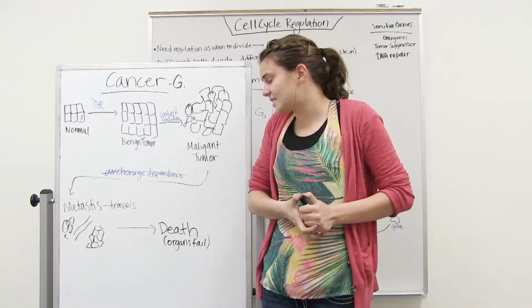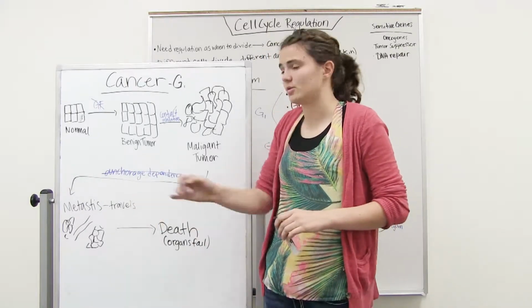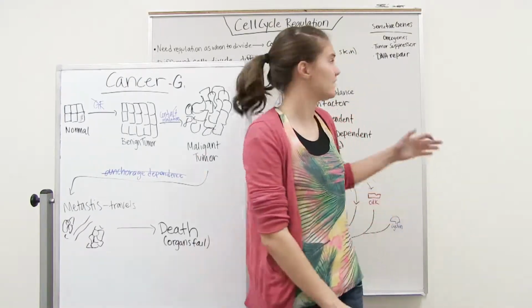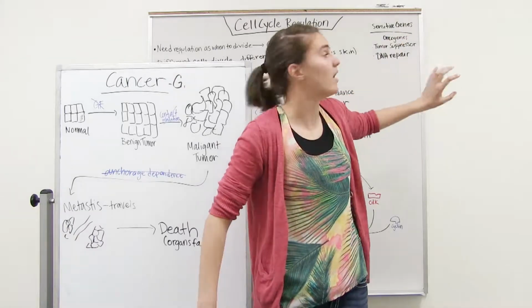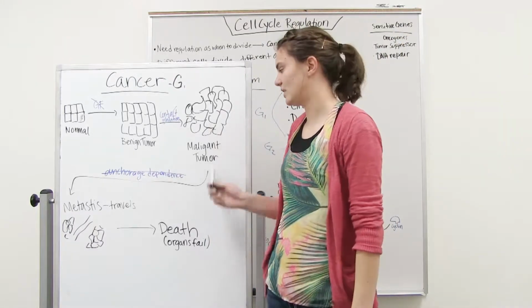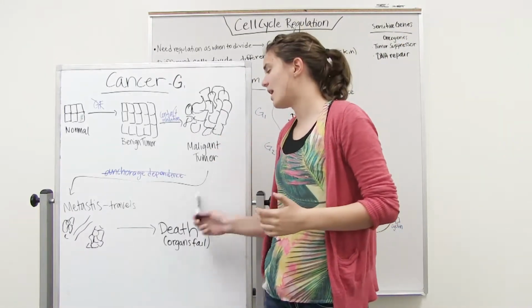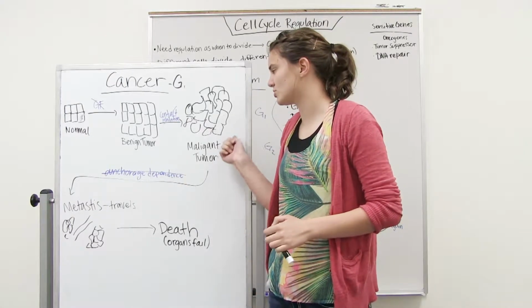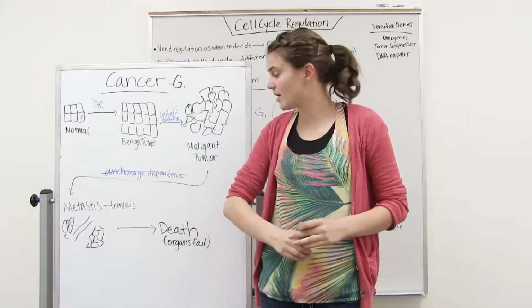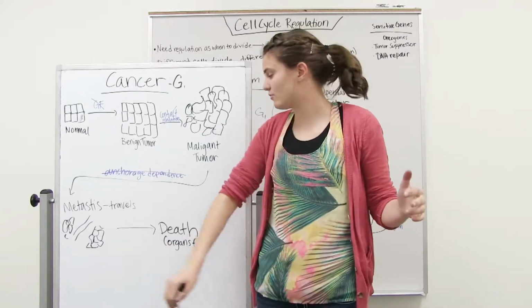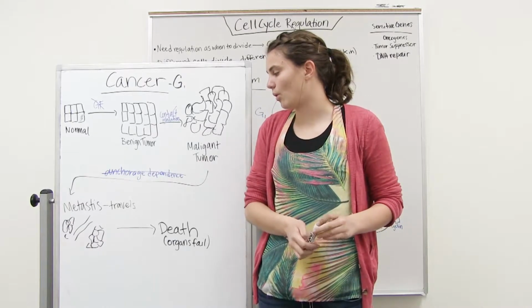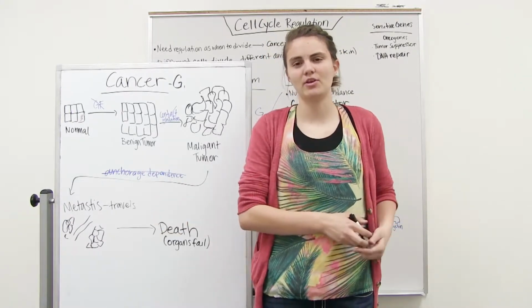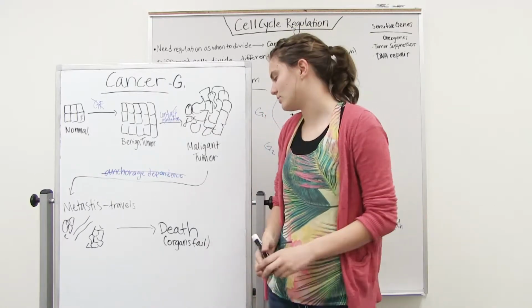And then the next thing that's going to happen is we're going to lose our anchorage dependence, and that's probably another tumor suppressor gene. And keep in mind, we could have had mutations in these two as well, such as a DNA repair mechanism that can no longer fix these problems. So now that our anchorage dependence is gone, these malignant tumors or cells from them will travel through the bloodstream, and they will form what we call metastasis, when these cancer cells travel throughout the body and grow in new places, and now you have cancer all throughout your body.